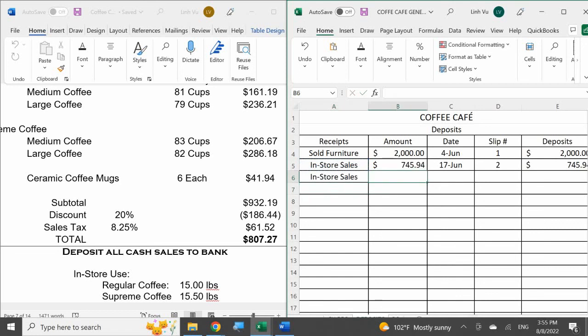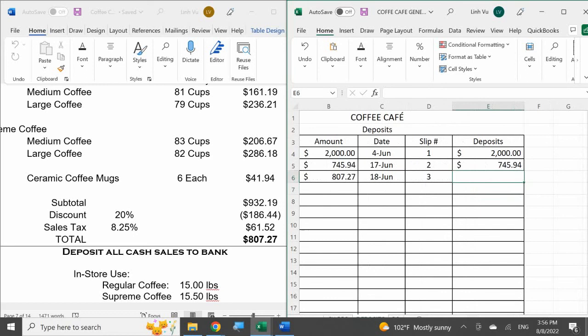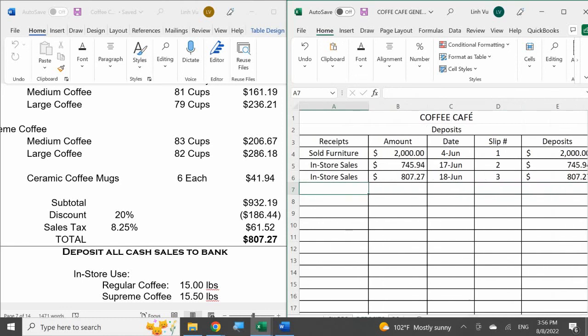How much money did we get? $807.27. Today is the 18th. This will be our third deposit for the same amount of $807.27. Awesome.